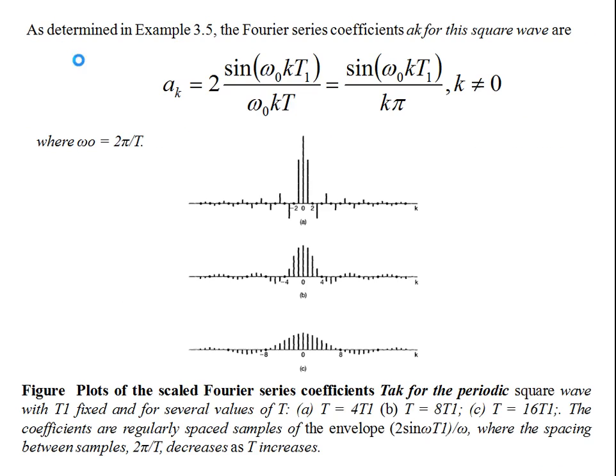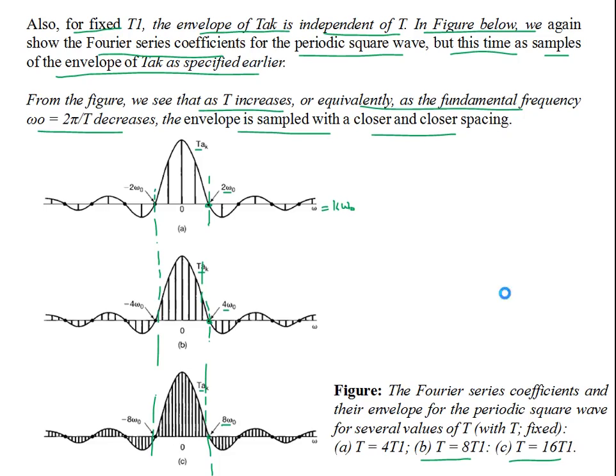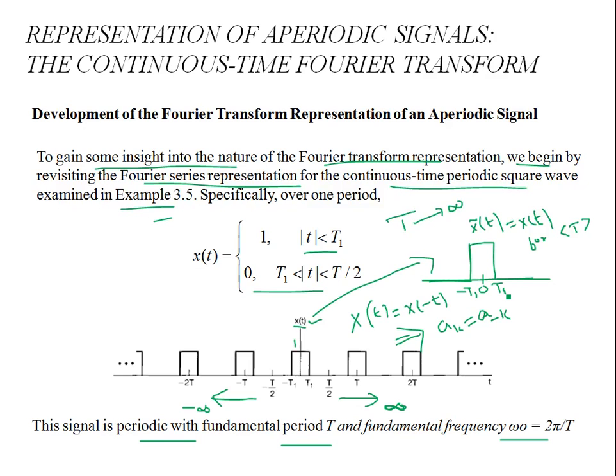As T becomes infinitely large, x tilde of t approaches x of t, a rectangular pulse. That is the only pulse in the time domain, with infinite period but finite duration, from minus T1 to T1, a duration of 2T1. So this is an aperiodic signal.